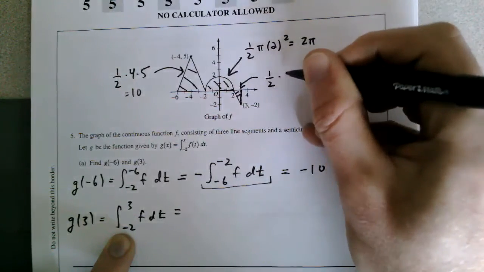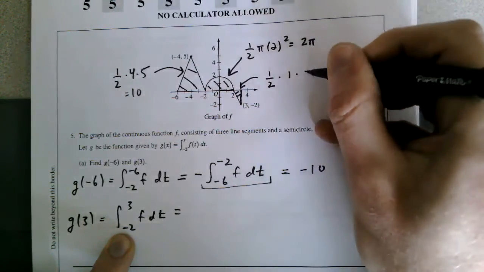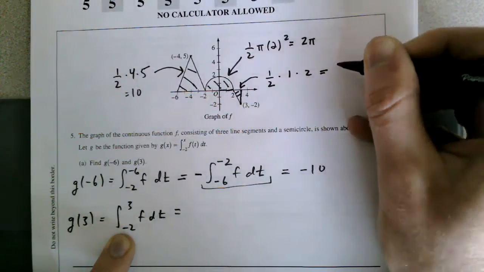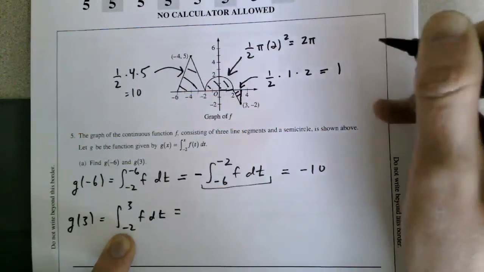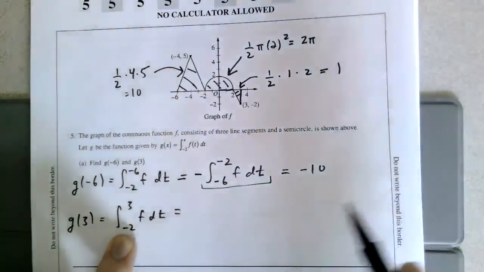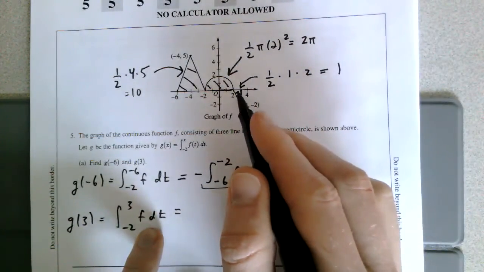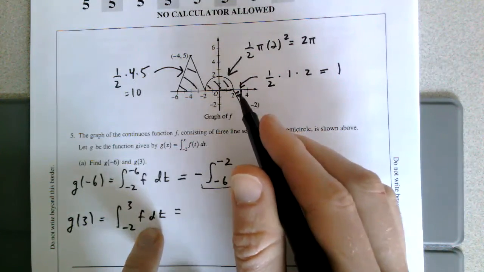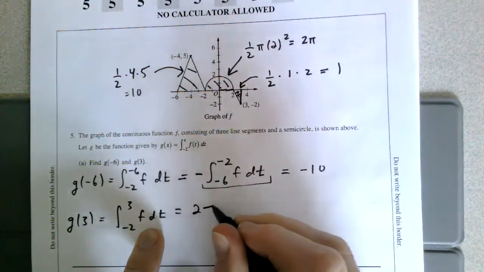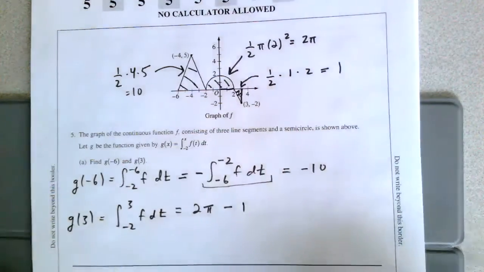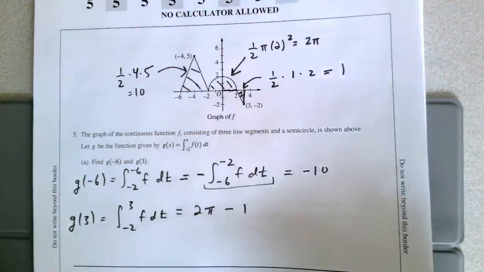The base appears to be 1. The height appears to be 2. So simplifying all of that actually just gives us 1. But of course, in the integral that we're considering here, that region is going to be treated as negative. So the total integral is going to be 2 pi minus 1. So that's g of 3.